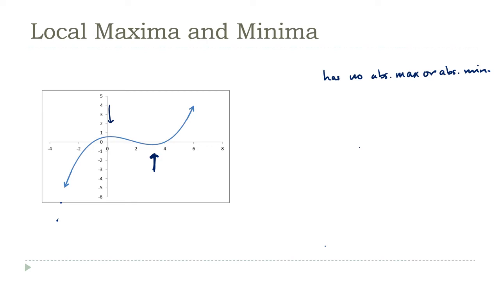All right, and these points have names. They're called local maxima and minima. And the idea behind them is a local maximum is a point that's higher than all of the points around it on either side. So if we look at this point right here, when we look at the points near it on this side and the points near it on the other side, it's higher than those points.